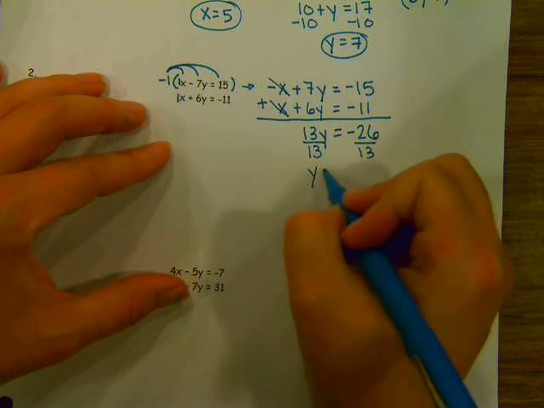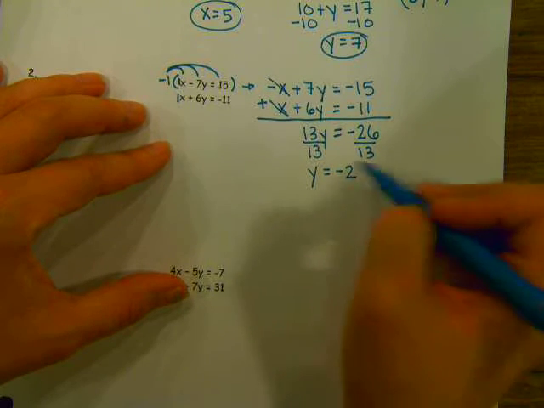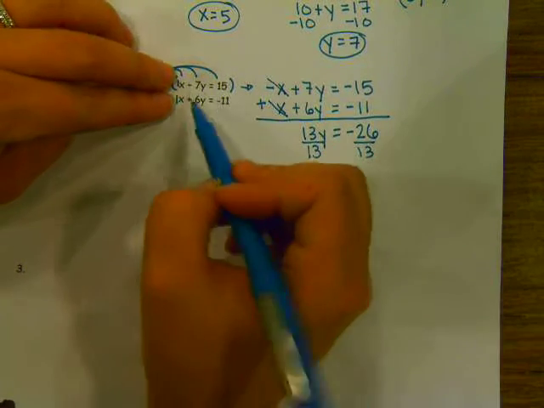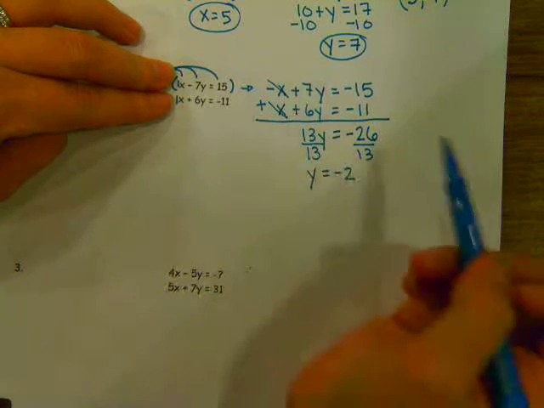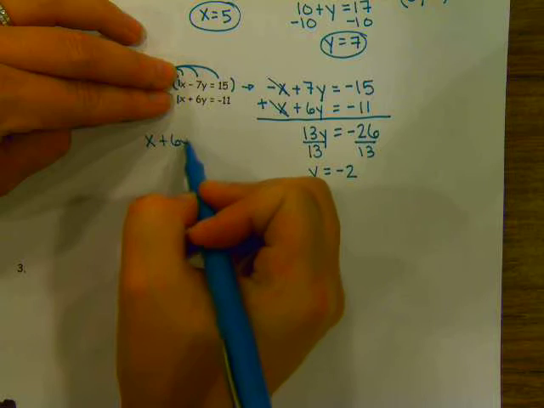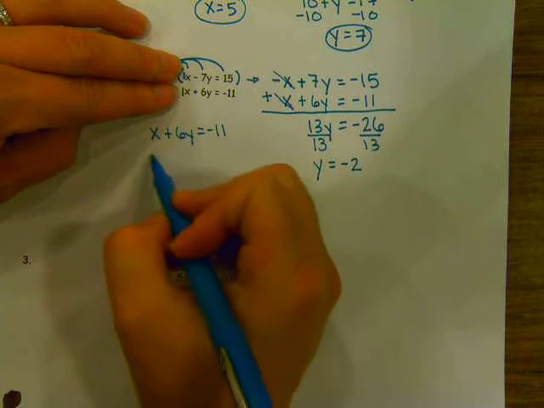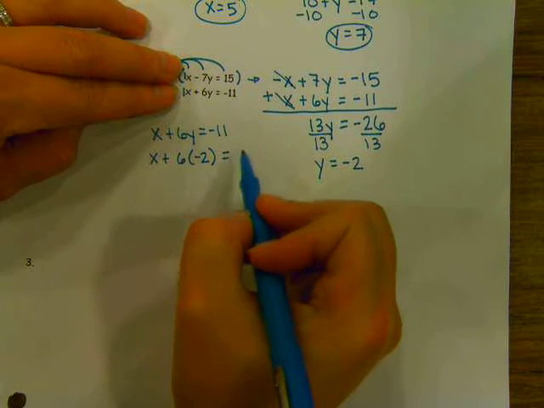So y equals -2. Now again, that's only part of your answer, so go back to the original typed problem and choose the top or the bottom. From there, plug this in and find the other letter. So I'm going to pick the bottom one, x plus 6y equals -11. I'm going to plug this back in, so x plus 6 times -2 equals -11.